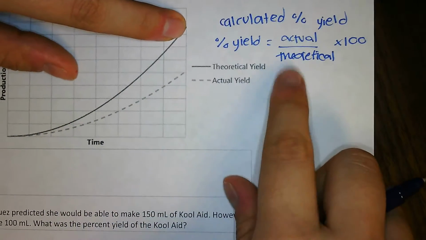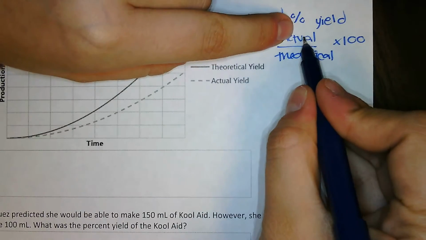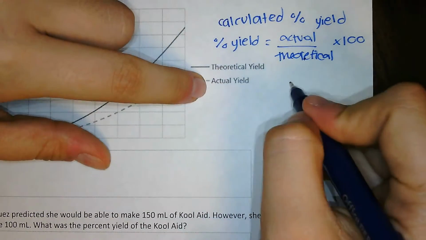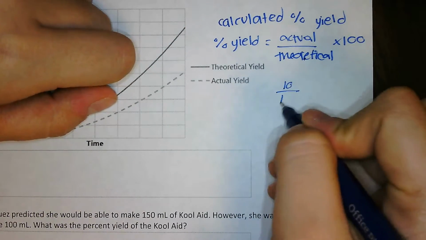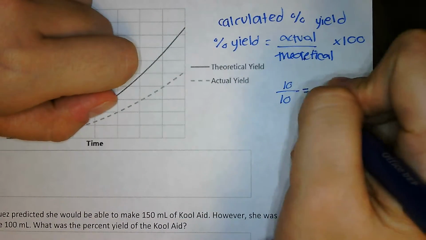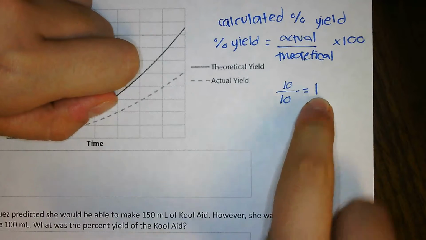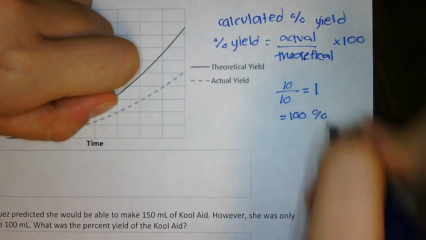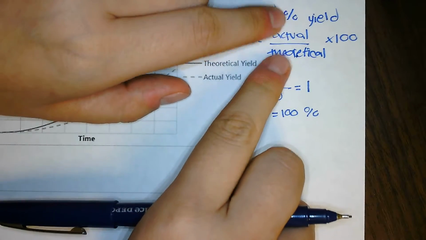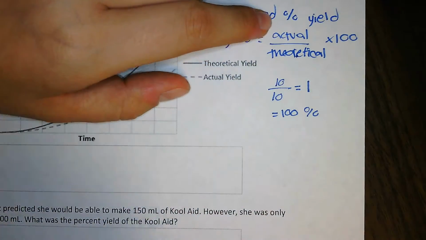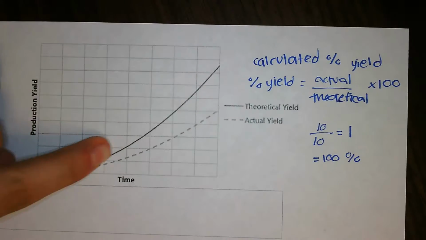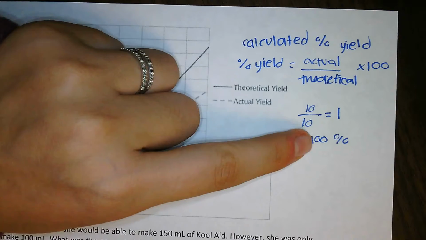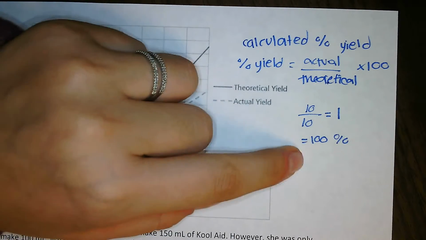If I look at my equation, if both the actual and the theoretical yield were the exact same number, so let's say they were both like 10 or something, then that would equal 1, and then I would multiply that by 100, and it would equal 100%. So if both the actual and the theoretical yield were the same number, they were the same line, my percent yield would equal 100%. But that is not the case.